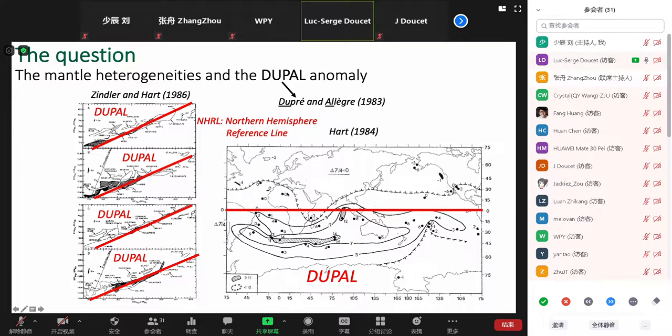So in the 80s, we already knew that the mantle is heterogeneous, and it's not random heterogeneity, it's a north-south heterogeneity. So it's a hemispheric heterogeneity. The northern hemisphere being kind of normal, and the southern hemisphere being enriched or basically different from the north.